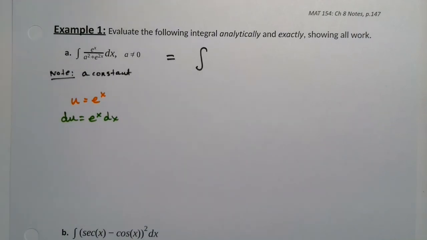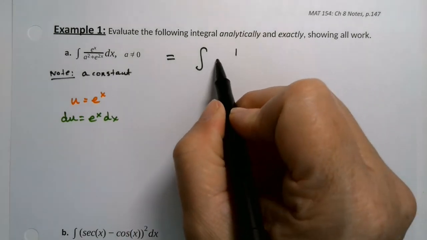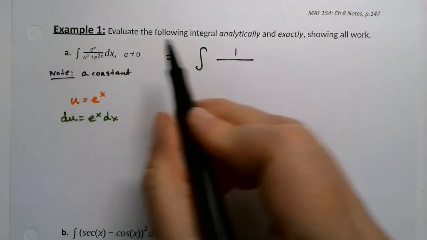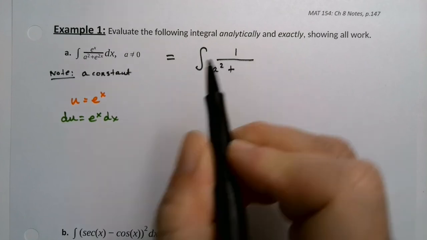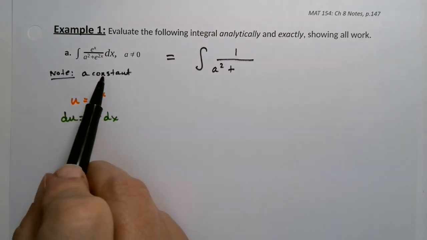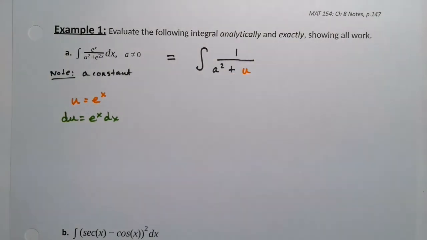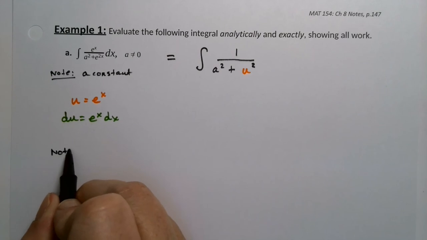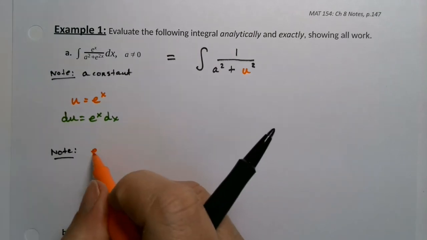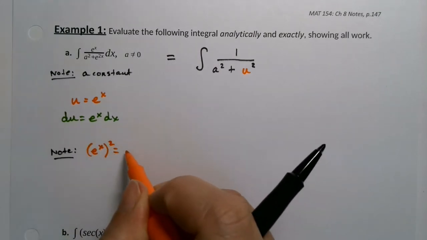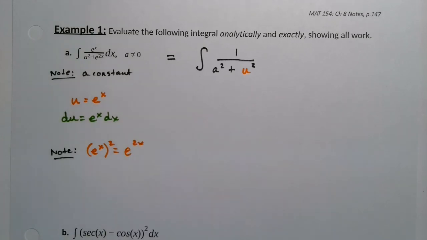So if I think about my problem here, I have 1 over a squared plus e to the x squared, right? So this is u squared. I guess I could just make a note down here. E to the x squared is e to the 2x, right? You don't really think of it that way, but it is.